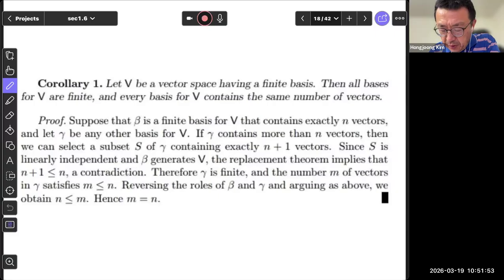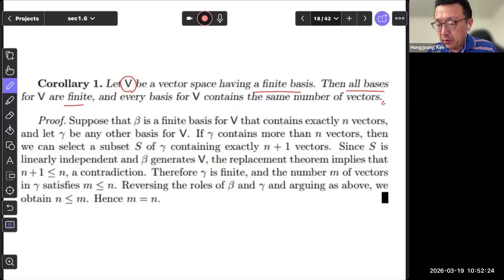And let's consider the corollary. Suppose that V is a vector space having a finite basis, then all bases are finite and every basis has the same number of vectors. And I already explained this. But we can use this, right?